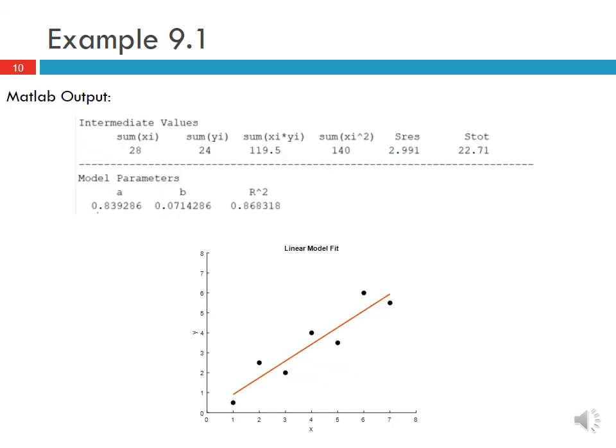I have posted a Matlab script that performs these calculations, showing some of the intermediate values here, as well as the final model parameters and the final r squared value. So these are the data points with the linear model fit.